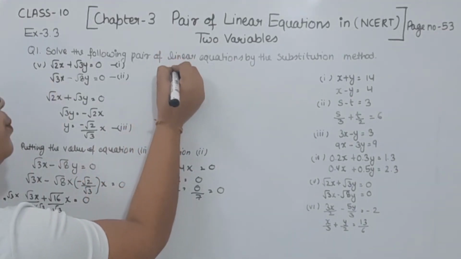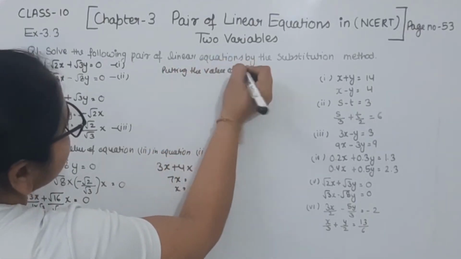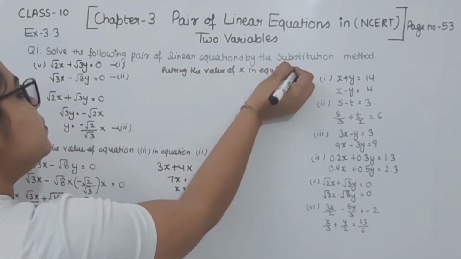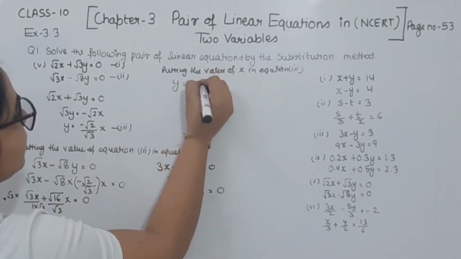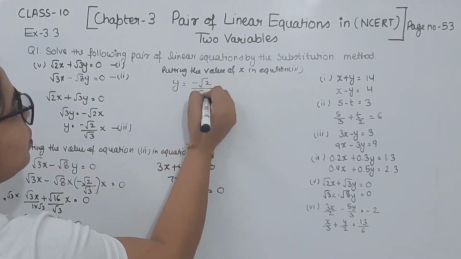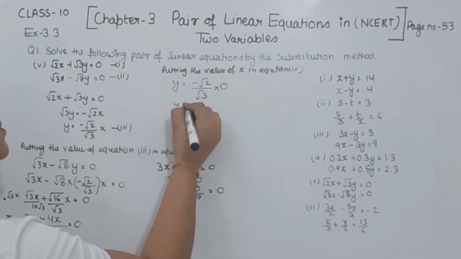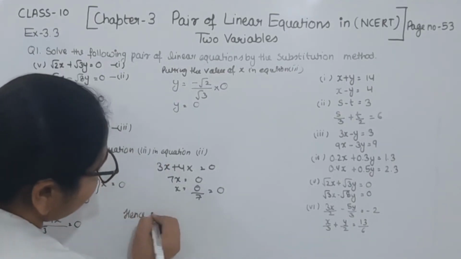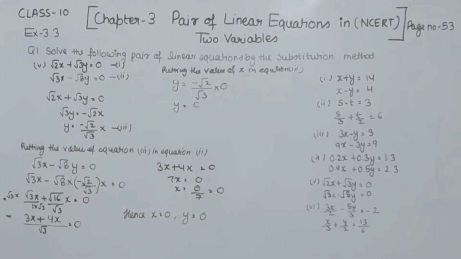So we write here, putting the value of x in equation 3, y is equal to minus root 2 by root 3 multiplied by the value of x. So this will become 0, so the value of y is also 0. I am going to write this statement here: hence x is equal to 0 and y is equal to 0. So this is part 5.